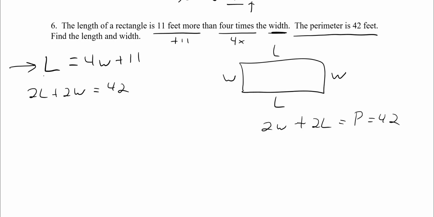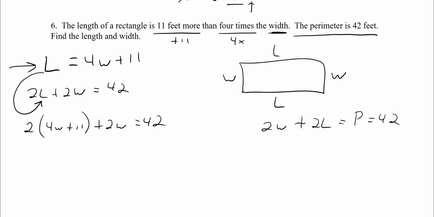All right, and then remember what you do, substitute that in. So you're going to say 2, and then L is 4W plus 11 plus 2W equals 42. Okay, just substitute that L into that equation, and now I just have W. That's all I have here.